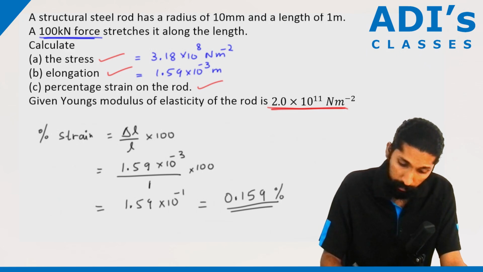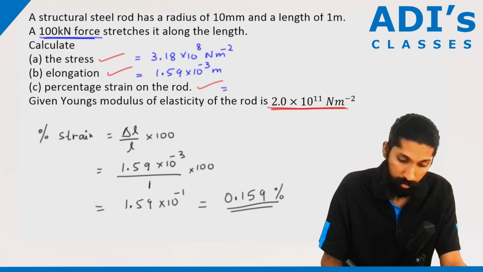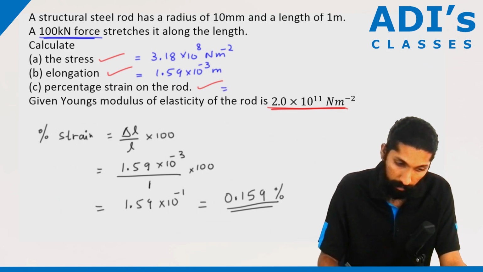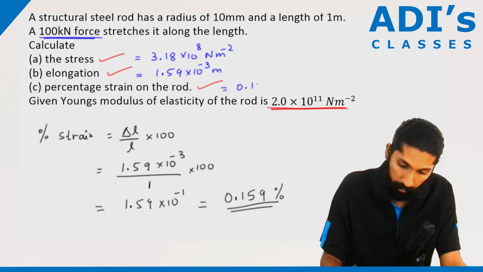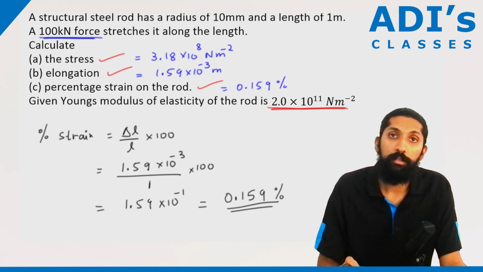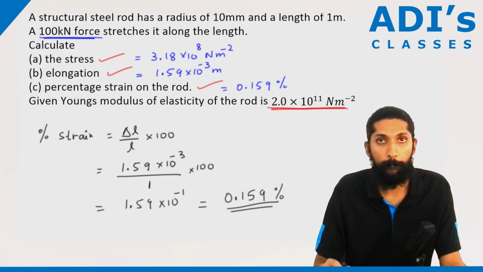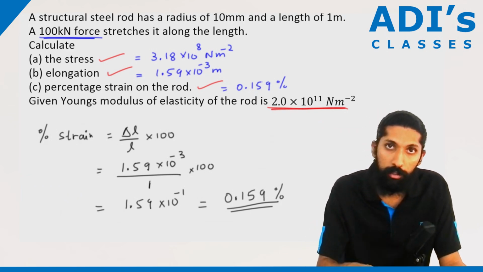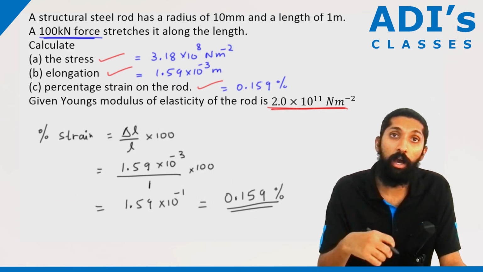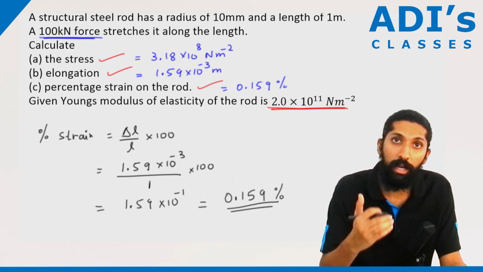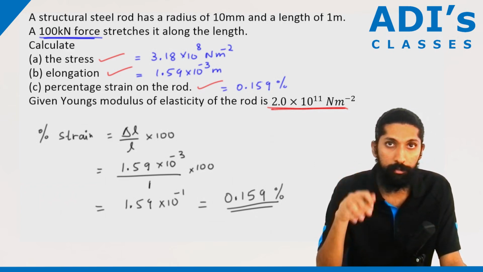And for the third one, the percentage strain on the rod, it's 0.159%. These are the answers for part A, part B, part C. Now understand the formula and see how you have to apply it in each and every problem.